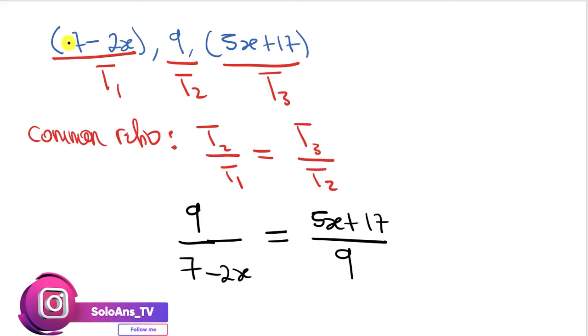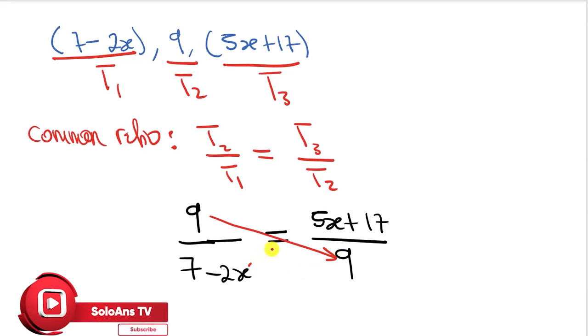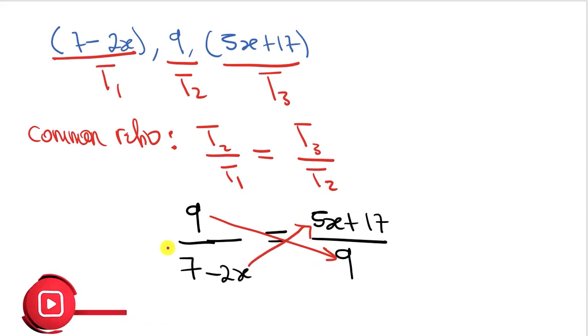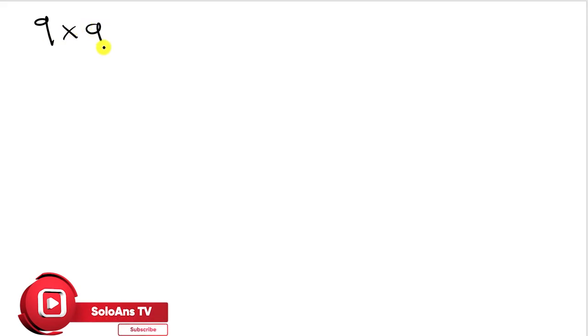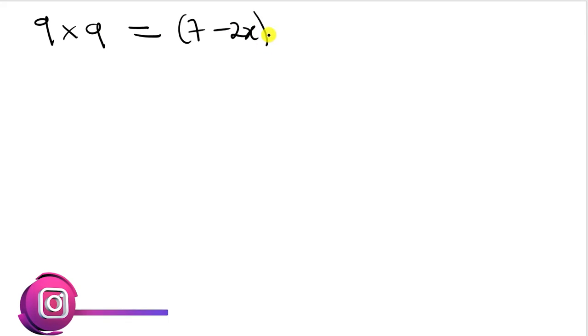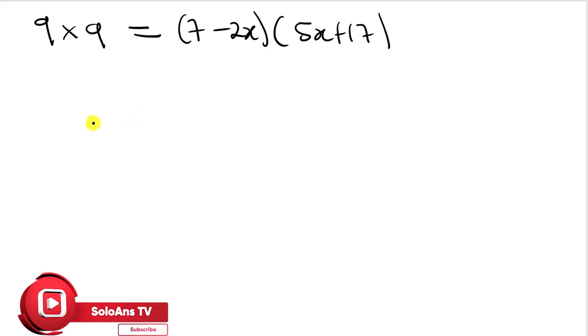So what we are going to do is cross multiplication here. We are going to use this 9 to multiply this, and then this one to multiply this. In that case, we are going to have 9 times 9 being equal to 7 minus 2x times 5x plus 17. So we simplify this further.